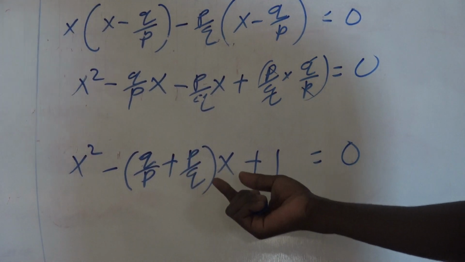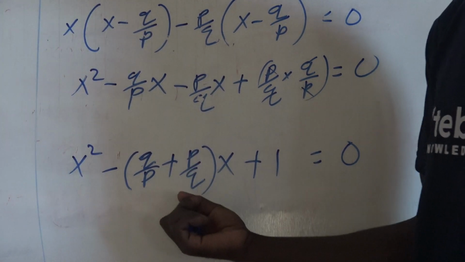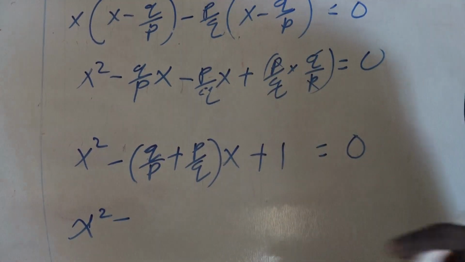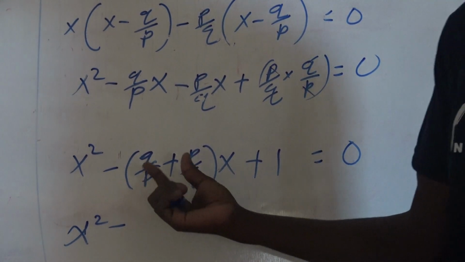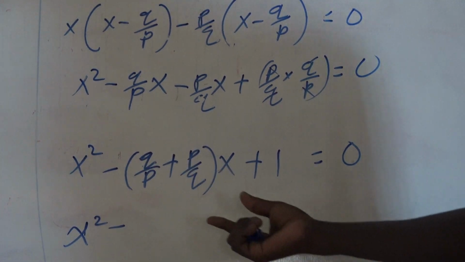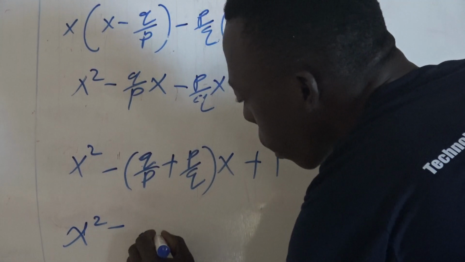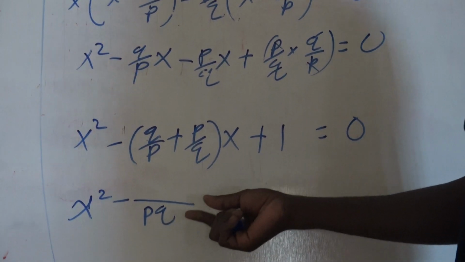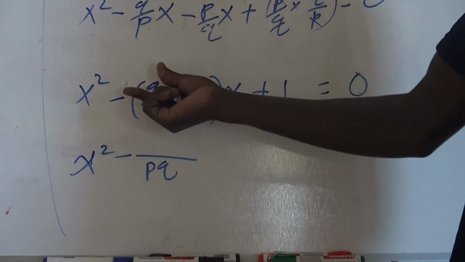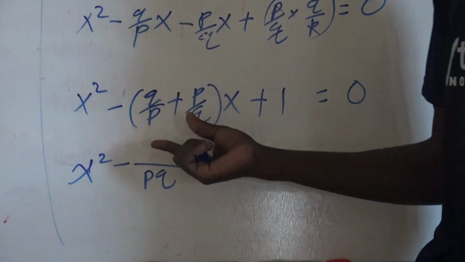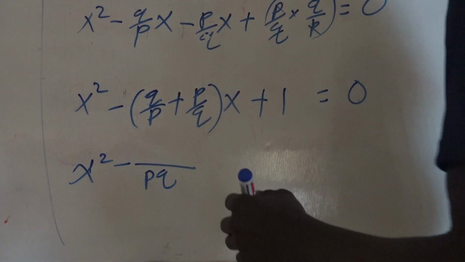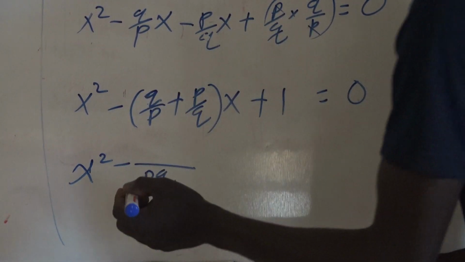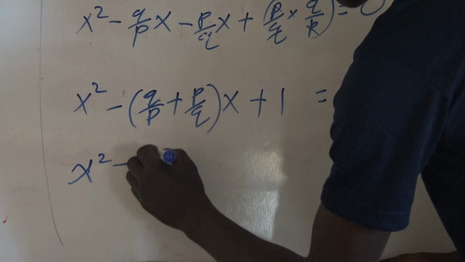Here you can continue just by getting the LCM. Then we say it will be x squared minus, so we are getting the LCM between this one and this one. The LCM will be PQ out of, so we also take the LCM and get the one at the numerator. This one divided by this gives Q, which times this one gives Q squared.